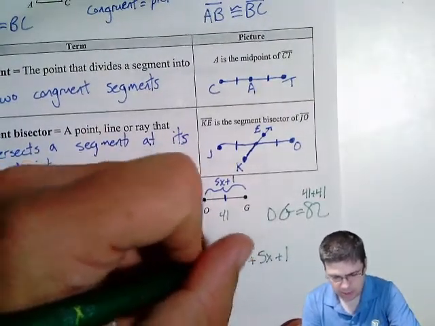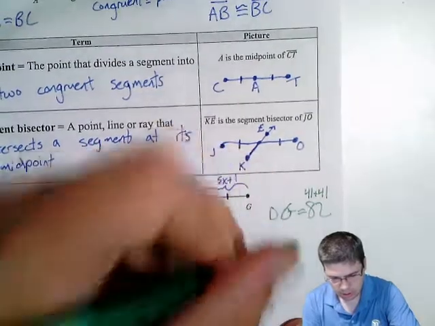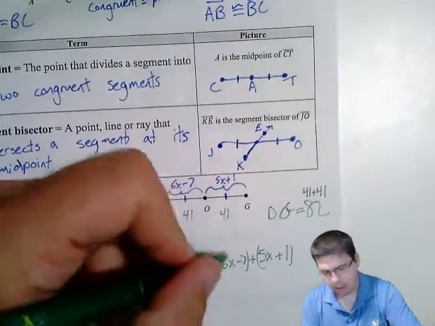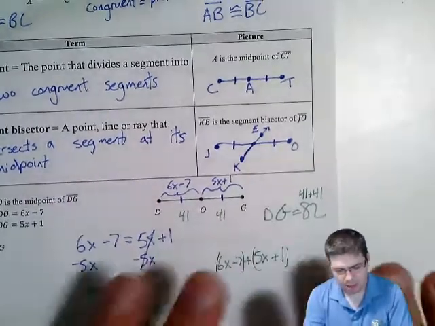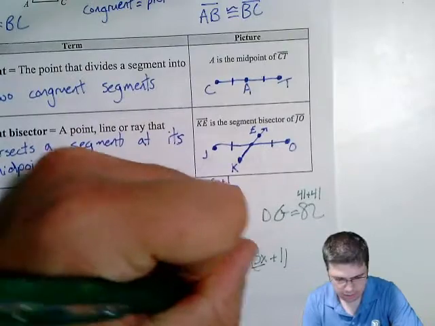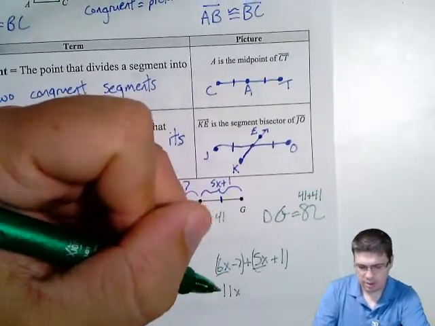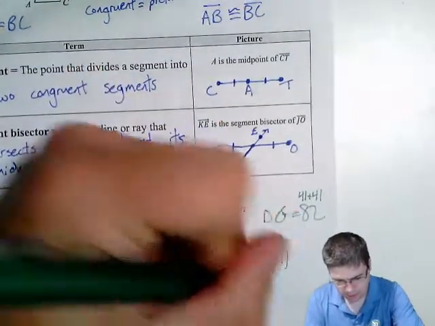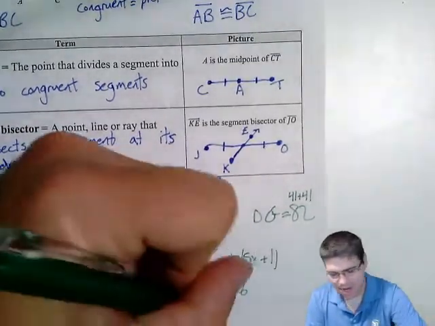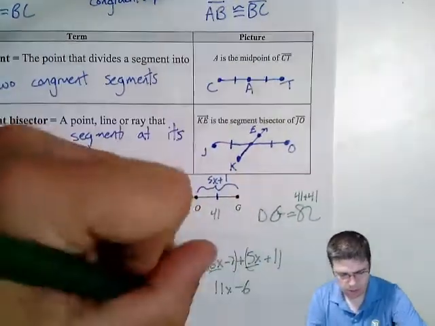So if I add the measure of that segment plus the measure of this segment, ultimately the parentheses don't matter, so then we can add the 6x and the 5x, combine those like terms, so we get 11x, and then negative 7 plus 1 is minus 6. So we could actually have plugged our 8 in here, since this would be equal to the measure of DG.